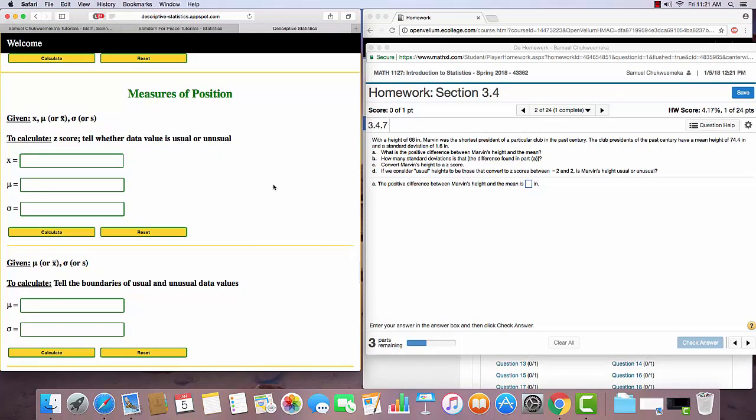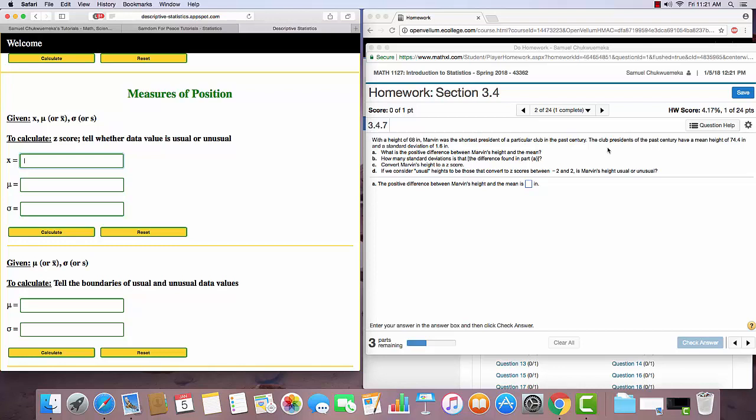There are some questions that Statcrunch will not do, but my calculator will do. And there are some questions that my calculator will not do, but Statcrunch will do. There are also many calculations that both can do. For this question, I will just use this.